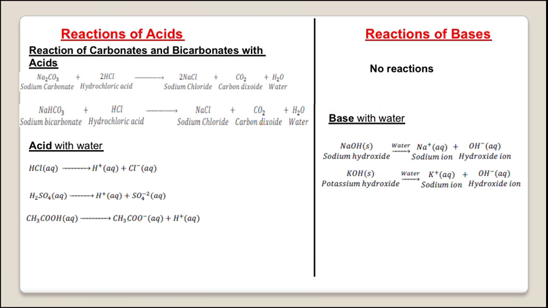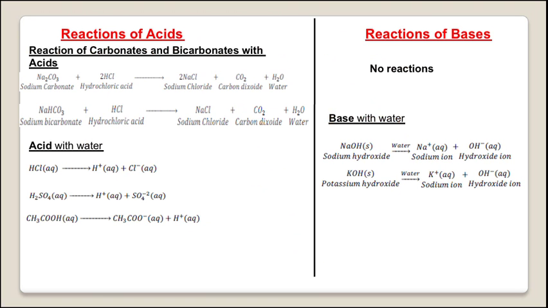Carbonates and bicarbonates are both salts of carbonic acid, where one is only CO3 and the other is hydrogen carbonate, HCO3. In the first reaction, sodium carbonate reacts with HCl to give sodium chloride, CO2, H2O. In the second one the answer remains the same, the only change is the salt.